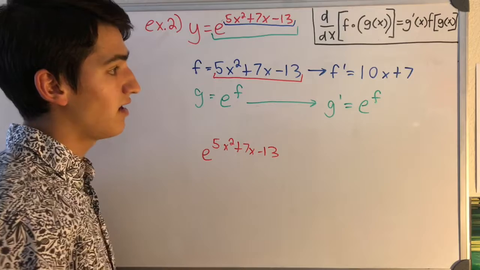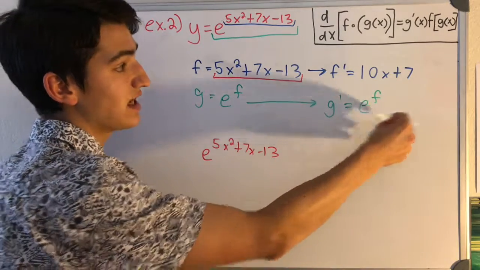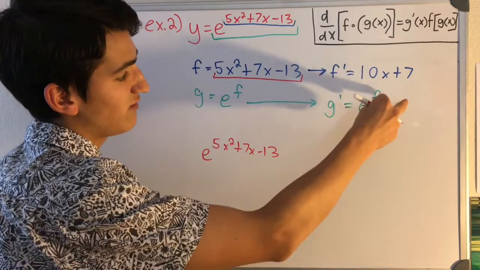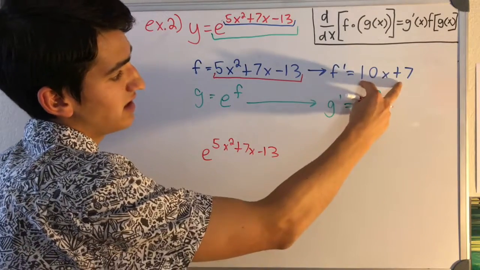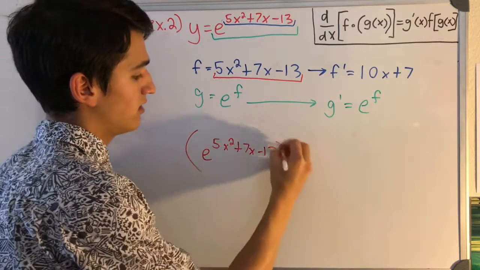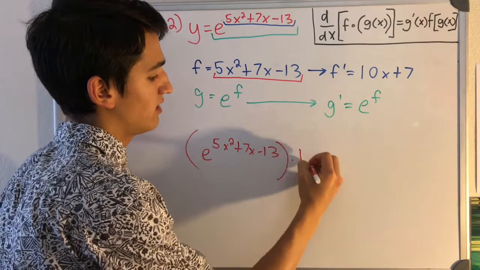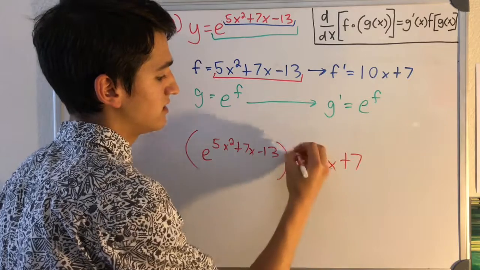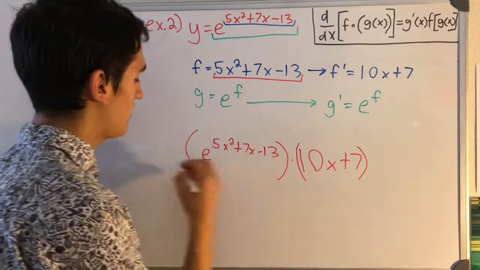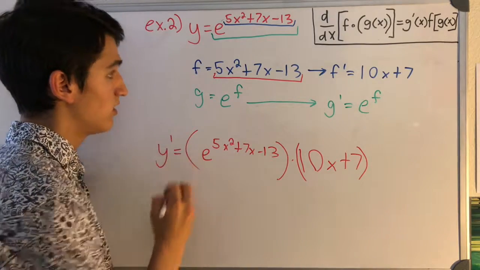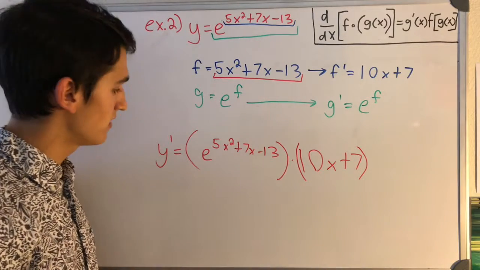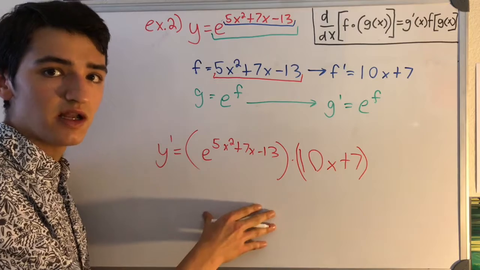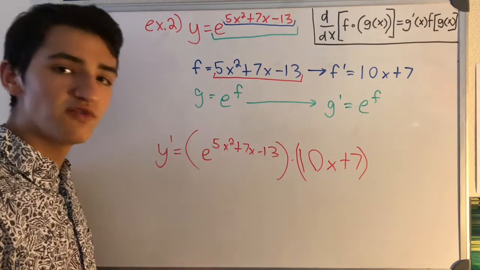Then we just multiply it by everything above it, which in this case, the only function above it is this right here, times 10x plus 7. And that equals y prime. So pretty standard, again.